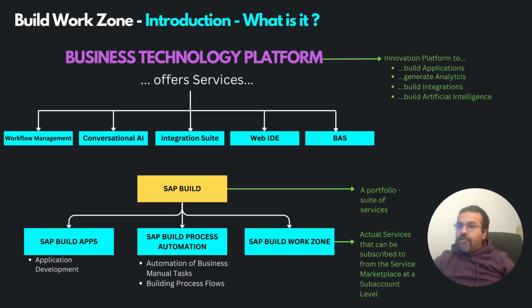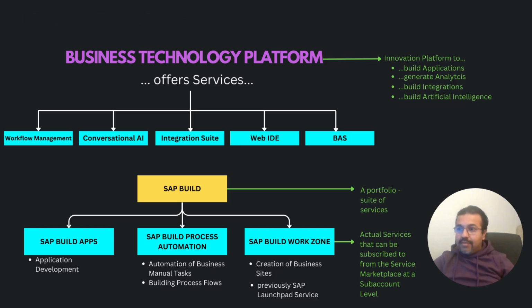SAP Build Process Automation allows you to set up process flows to automate your business processes. And SAP Build Work Zone allows you to create a professional, modern looking website, a business site that hosts all your applications. All right. So it is the business site that is hosting all your applications. SAP Build Work Zone was previously known as the Launchpad service.